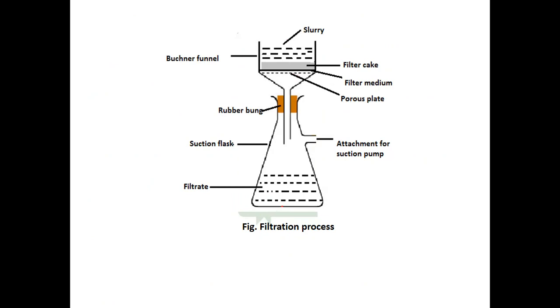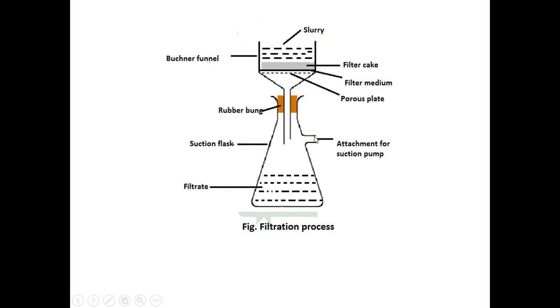So this is the equipment which is mostly used to carry out the process of filtration. This is the Buchner funnel. Here you can see this is a filter paper, right? This Buchner funnel has a cylindrical portion which helps to carry the filtrate into the receiver, right? This receiver is called the suction flask.